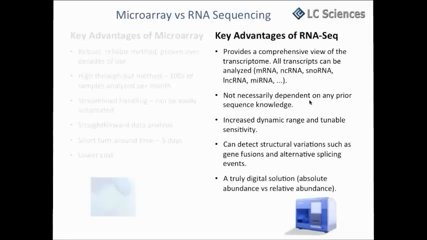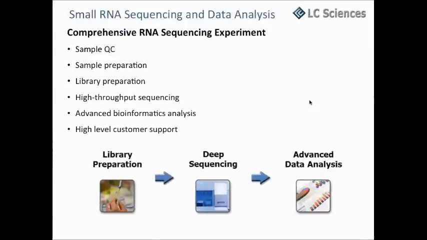And then if we switch to the sequencing side of things, the workflow is pretty much the same. The main difference is really that you're not using the total RNA as directly as for the arrays.